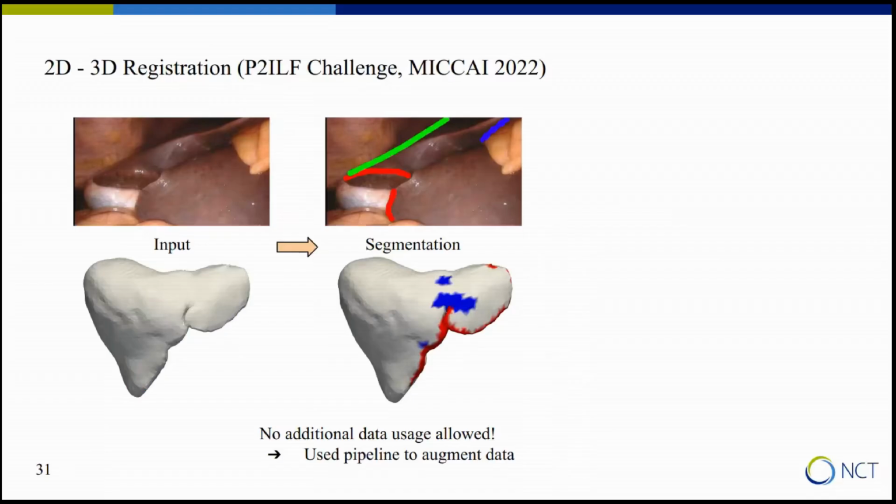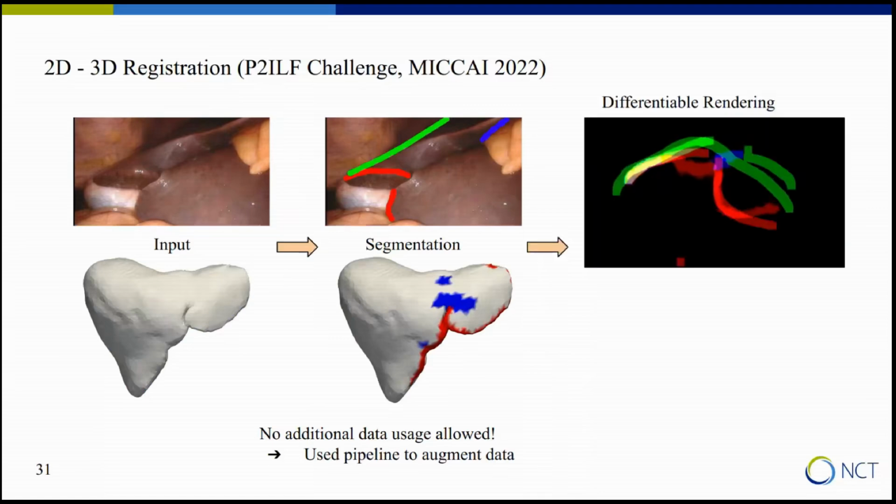So we couldn't use our pipeline to generate additional data, because that would have been unfair to the other teams according to the rules. Instead, we used it to augment the data that we were given.